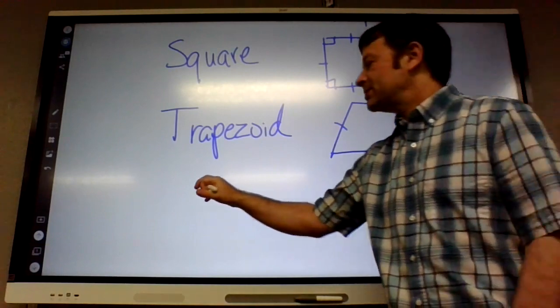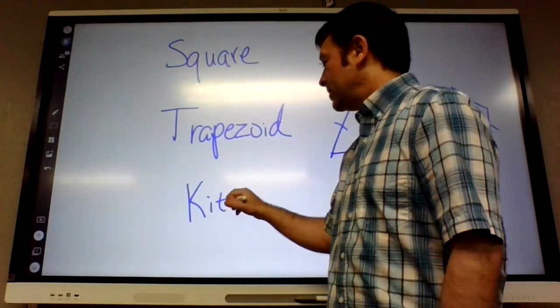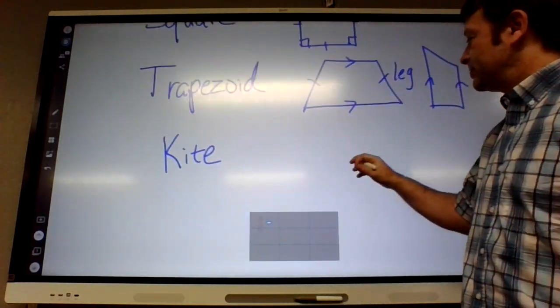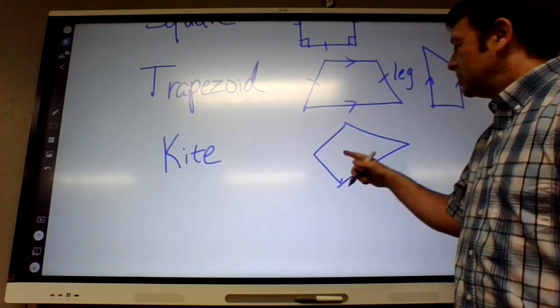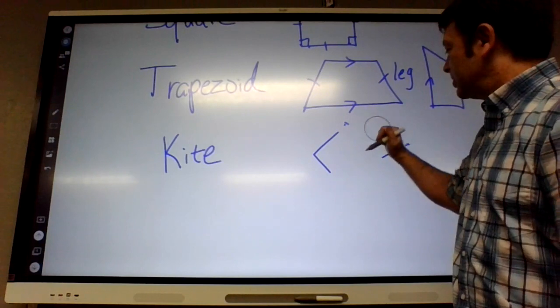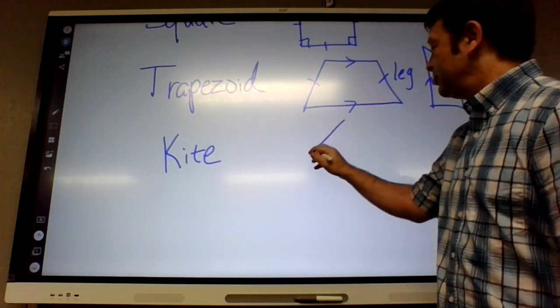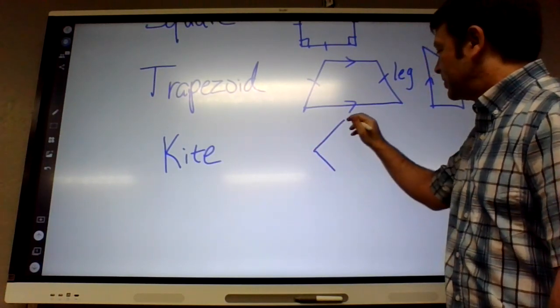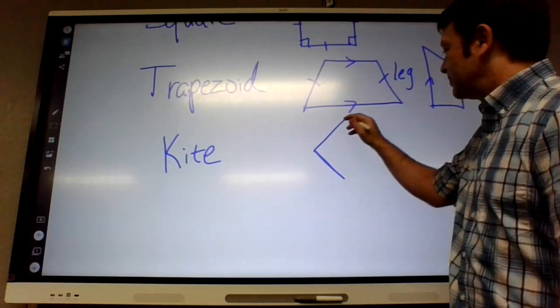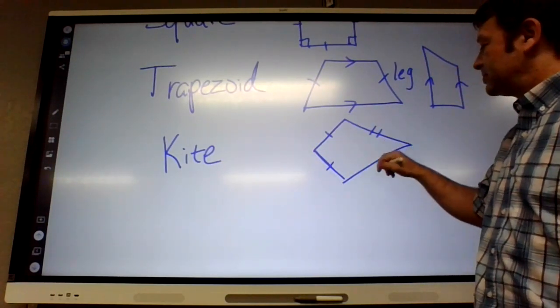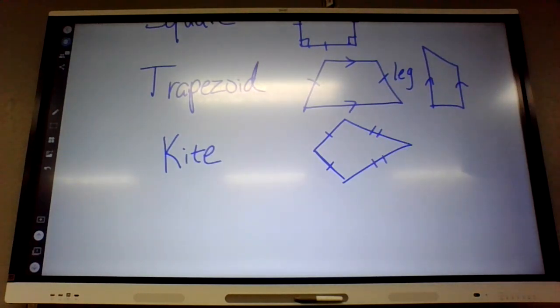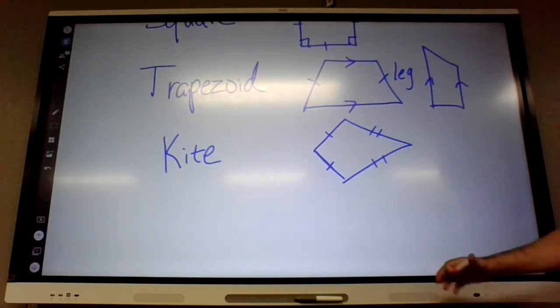Oh, yes, and kite. What makes a kite a kite? None of them are parallel. The two top sides are equal and the two bottom sides. Okay, they're called consecutive sides. They have two pairs of congruent consecutive sides. So like those two are congruent and these two are congruent.